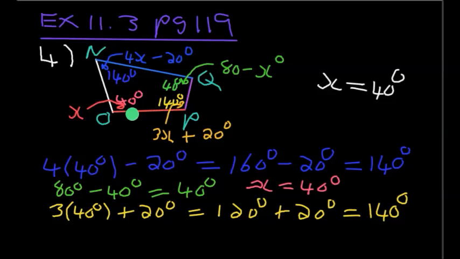Okay, but now one of the things that I notice is that 140 degrees plus 40 degrees is 180 degrees. 40 and 140 on this side also gives 180 degrees. That means therefore that these lines are parallel. Because for parallel lines, if we have a transversal, a line that intersects the parallel lines, then the co-interior angles add up to 180 degrees.